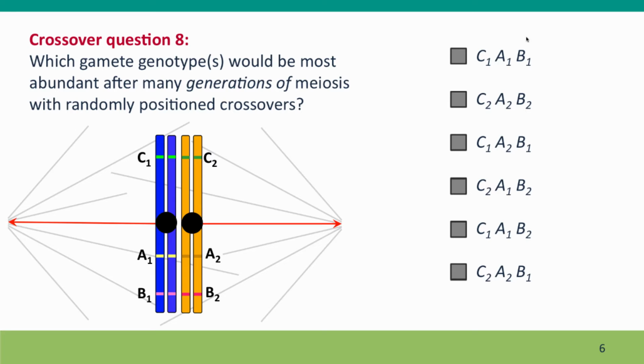And so regardless of what allele combination we started out with, if we took many generations of meiosis with many different cells, in the end we would end up with a population of individuals, of chromosomes, that had all of the possible combinations in equal frequency.